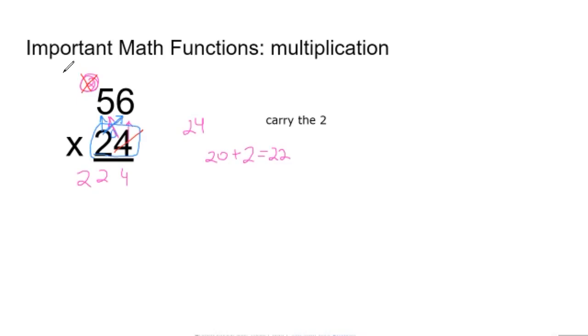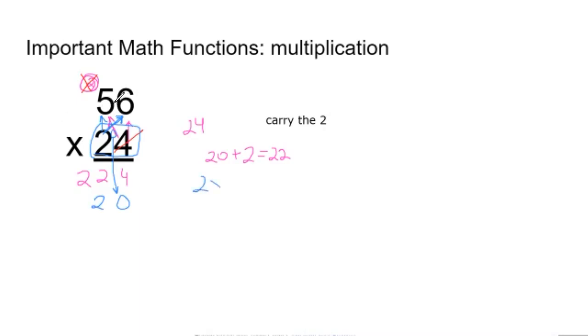What's 20? 2 times 6 is 12. So we have to start with the 0 from the 20. Take this 0 and put it here, 20. And then the 2 times 6 is 12, right?